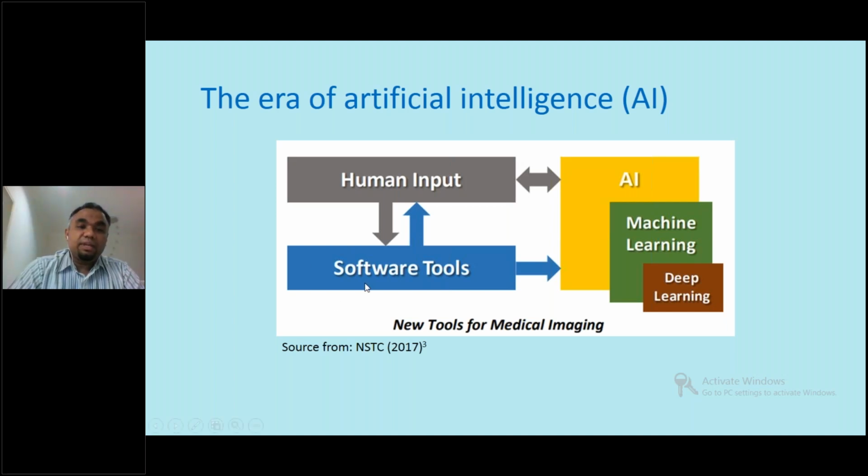With the development of computer systems, where we have new software available, this happens hand in hand with human input. With this cooperation of human and software, you get the advantages of artificial intelligence. At the end of the day, artificial intelligence becomes a new and interactive tool for the radiologists, especially to get an accurate diagnosis.